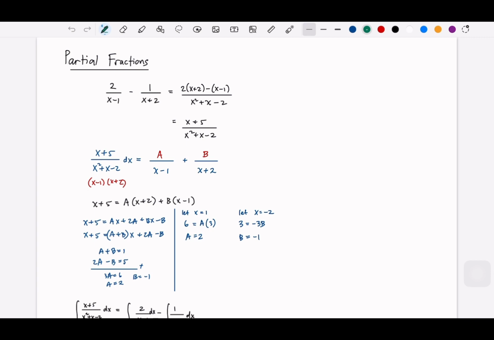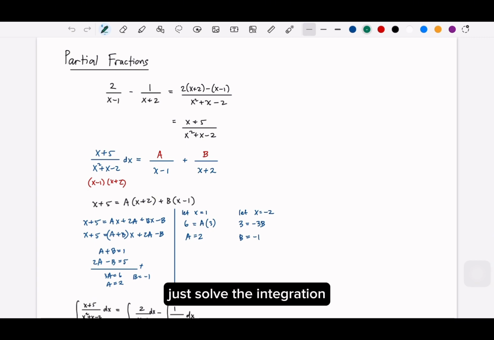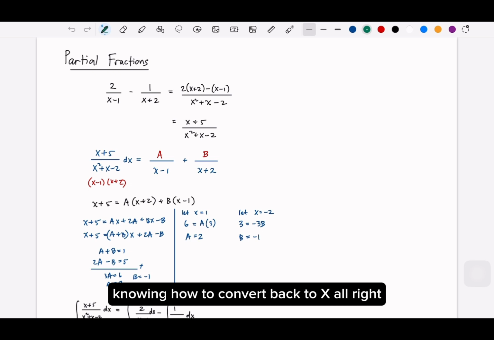Just solve the integration. So the triangle is for how to relate theta to u to x. If we are not using the triangle, we are not knowing how to convert back to x.